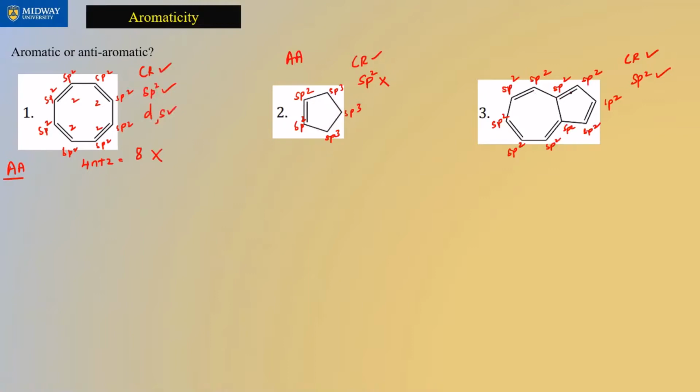There's double, single, double, single, double everywhere. I don't want to go through and do this, so the double, single works out. And then we have 2, 2, 2, 2, 2, so it's 10. Can we get 4n plus 2 equals 10? You betcha. n equal 2 will give you 10. So Huckel's rule also works. So that means it's aromatic. So these two are anti-aromatic, meaning it's not possible.